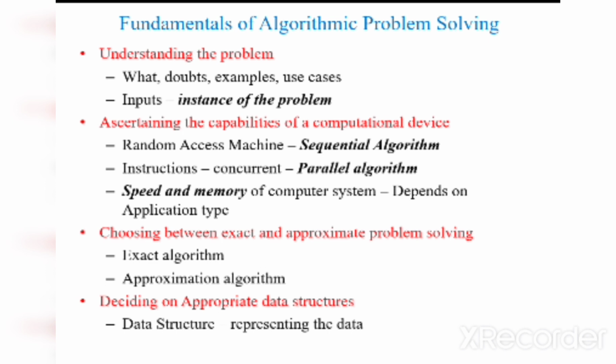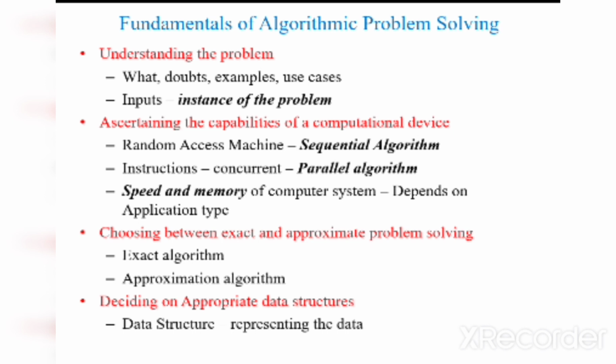Next, choosing between the exact and approximate problem solving. So for example, if we have two problems, one is calculating the GCD of a number, and the next one is calculating the square root of a non-perfect number. For GCD we have to get a perfect number, which means we have to get the exact solution.